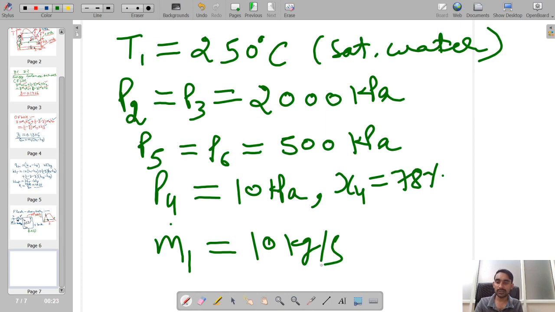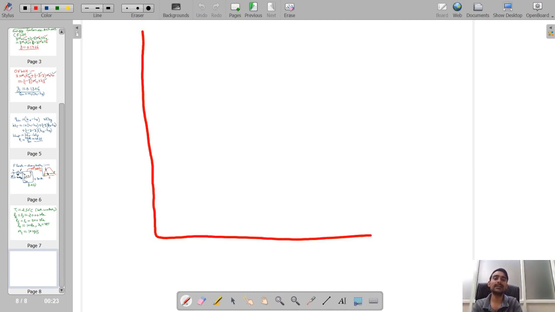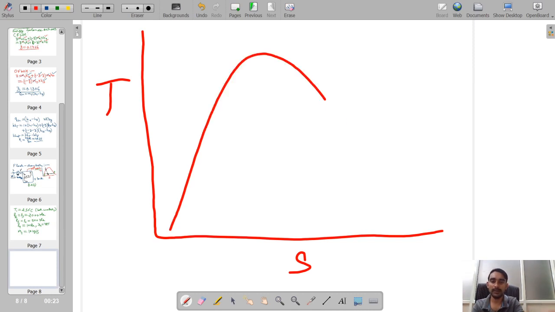Based on this data, first we will plot all the processes on a TS diagram. This is our temperature-entropy plot, and this is our liquid-vapor dome. Let me consider this as point number 1, the first thermodynamic state, at which the temperature is 250 degrees Celsius.